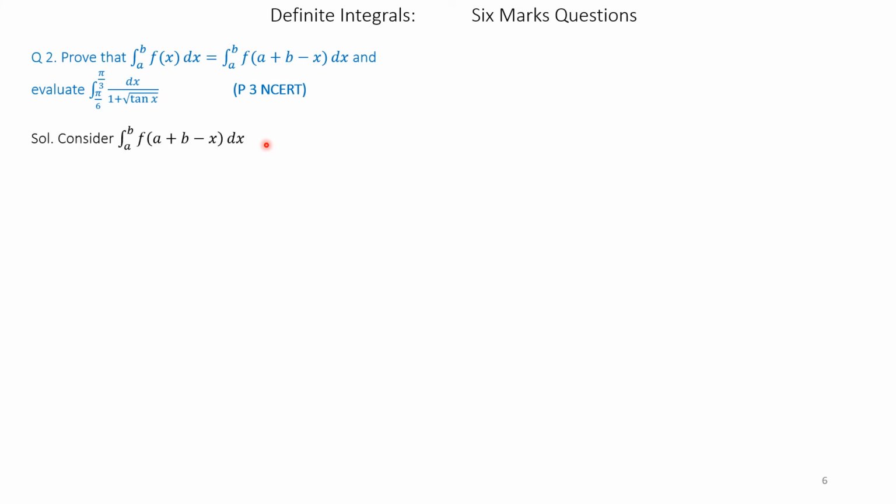Therefore, solution. Consider integral a to b of f of a plus b minus x dx. That is on the right hand side. Put this function within brackets, that is a plus b minus x is equal to t.